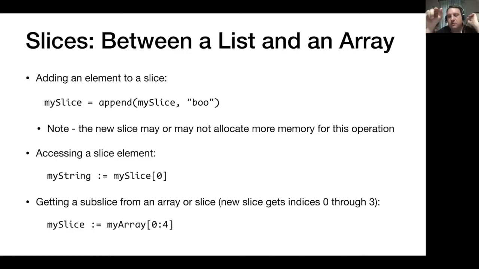So if I want to go through index 3, my last one's a 4. I'm not 100% sure why they did that, but it's a fairly common convention. There's probably a speed issue behind it. Anyway, this will get you a subslice of an array or a slice. Again, it creates a new viewport into existing backing storage.